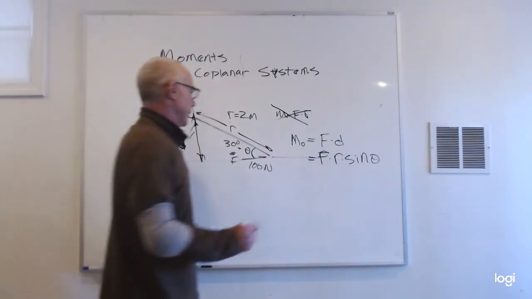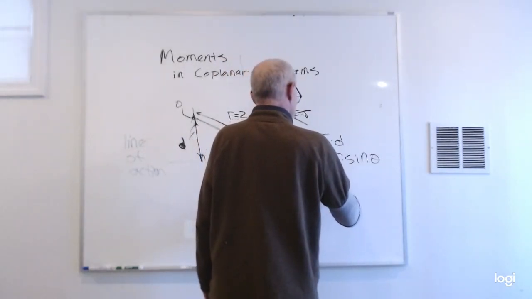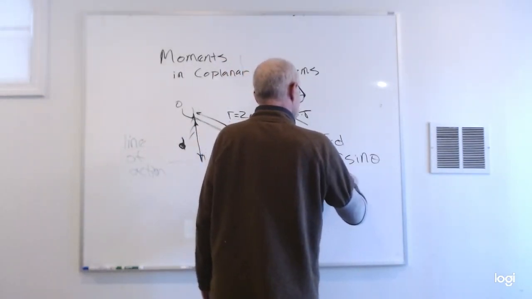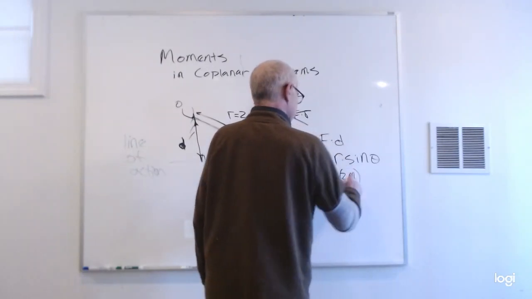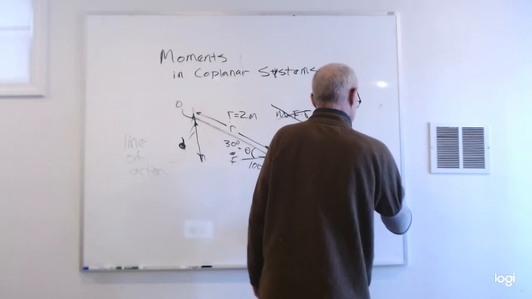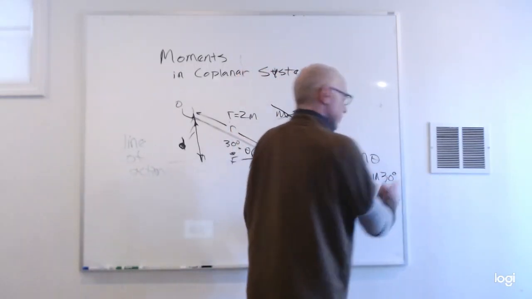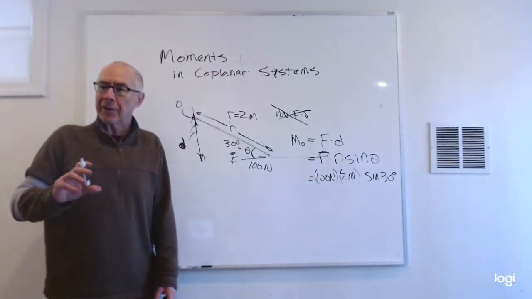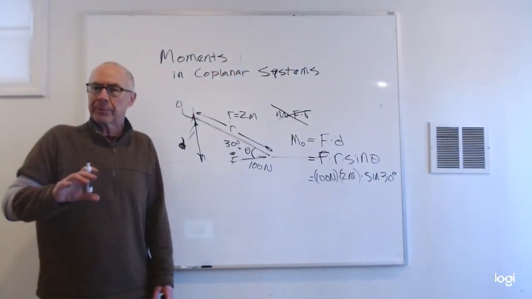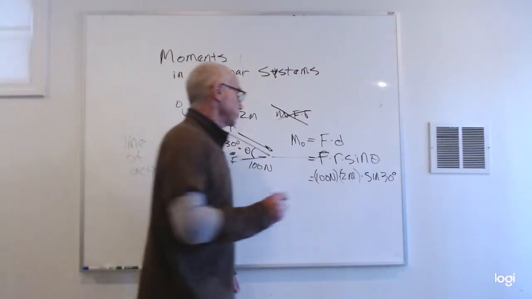Now we know how to do this. We're going to put in here 100 newtons times 2 meters times sine of 30 degrees. And it's a good thing to remember one of the key trigonometric values, sine of 30 equals 1/2.